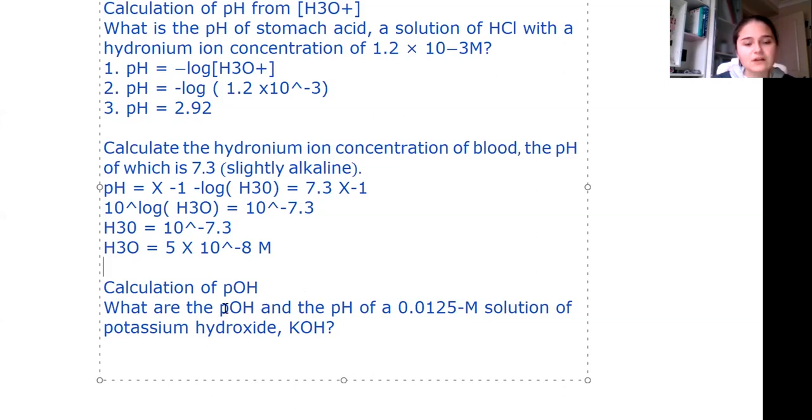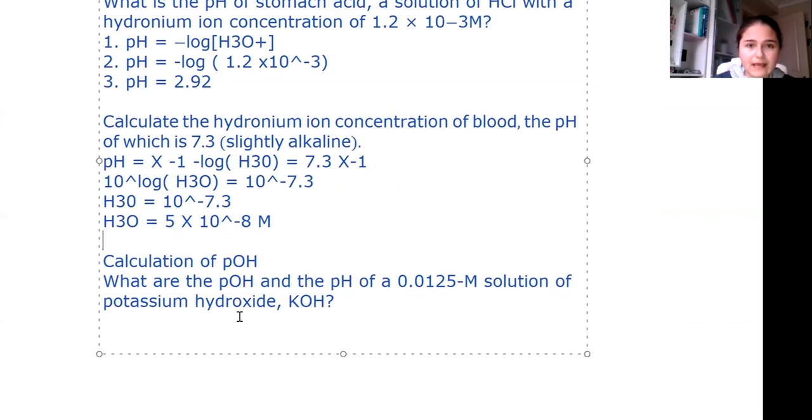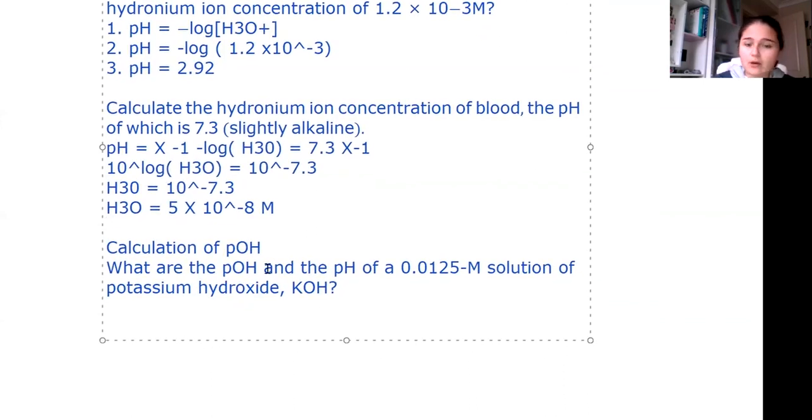This question asks you for both, which is good because it's going to make you practice both pH and pOH. Why do they call it pOH in chemistry? Is it because of oxygen, OH? pOH is more to do with the basic situation.